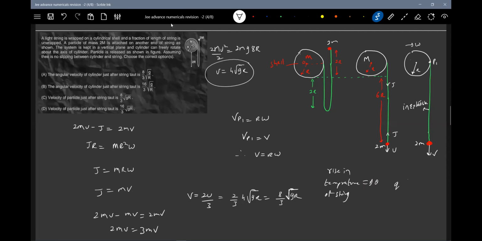What is Q? Totally generated. How to calculate Q? Q should be equal to 2m by 2 u square minus 2m by 2 v square plus moment of inertia, m r square by 2 omega square. The difference of that is the heat. From that, I'll get the rise in temperature.